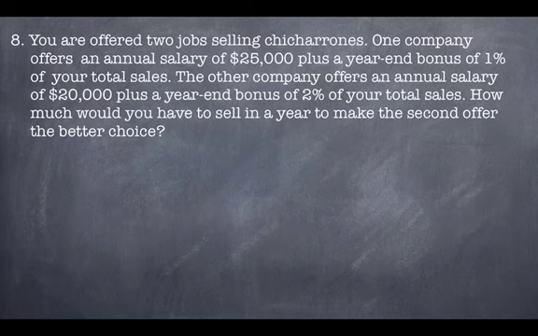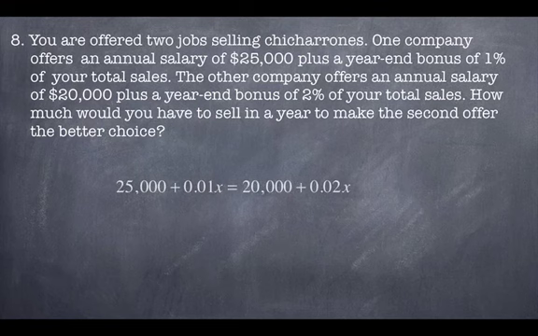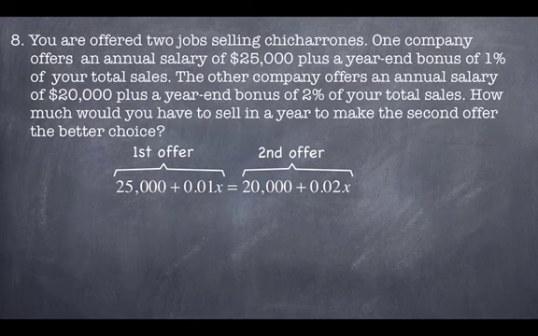So you're going to set the 2 offers equal to each other. And here's your first offer and the second offer. Once you have this, it is pretty straightforward. Setting up the problem is the challenging part. But again, this is not too bad as well. And then solve for X. Take away 20,000 from both sides.